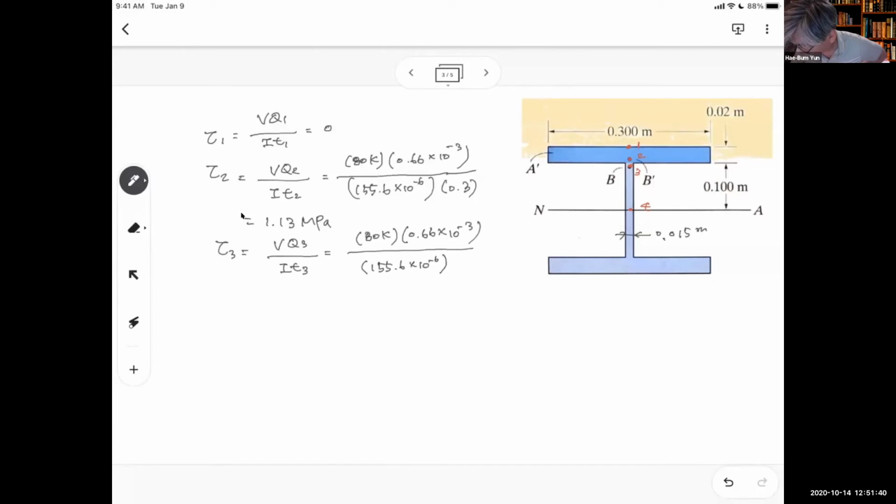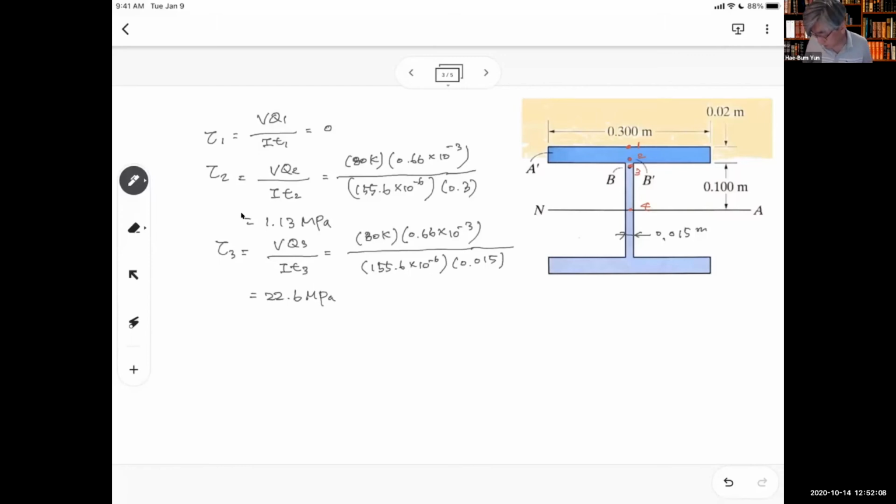And T3 is different. What is the T3? 0.015, correct. Then you will get 22.6 megapascal.